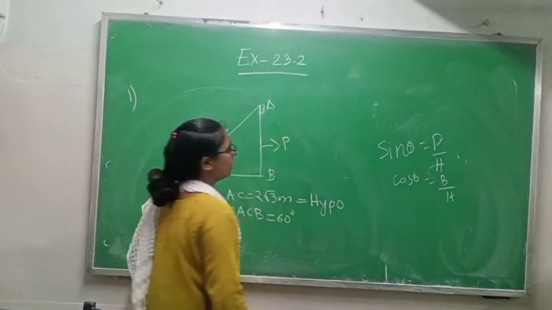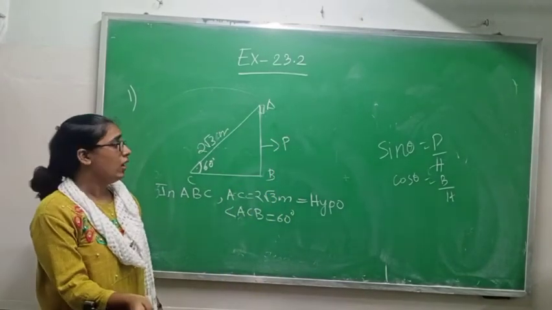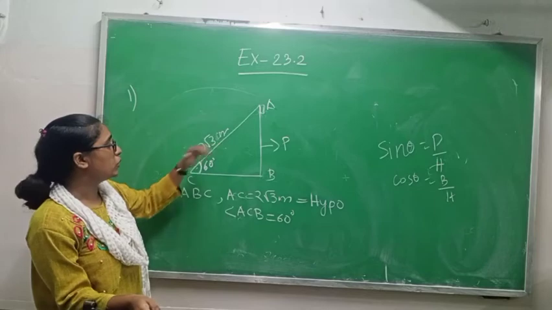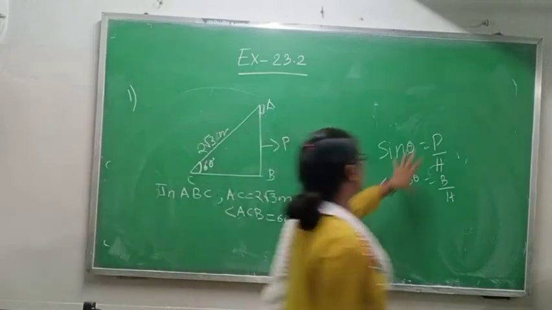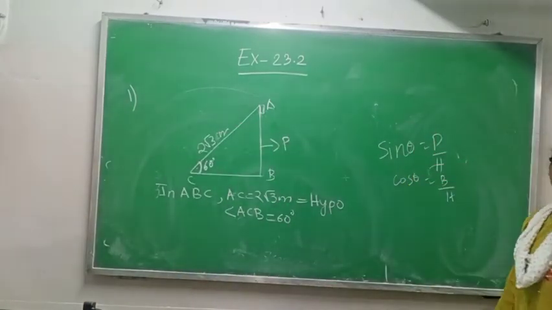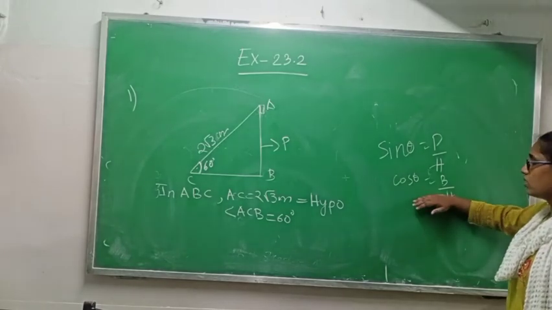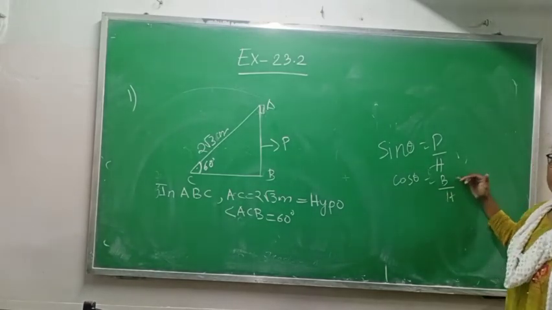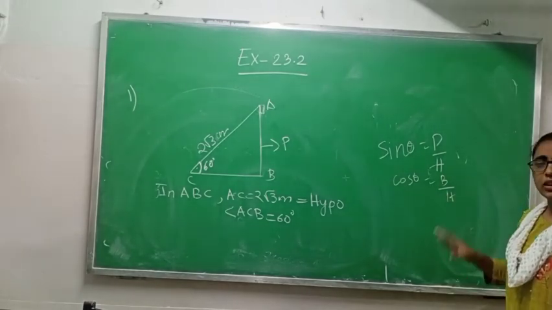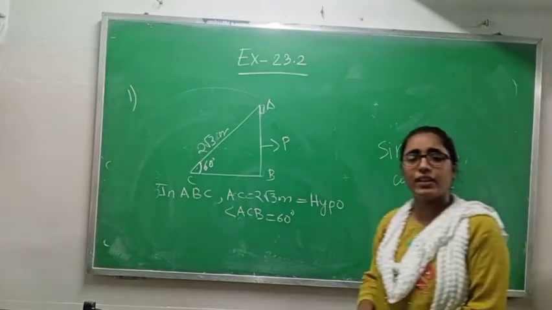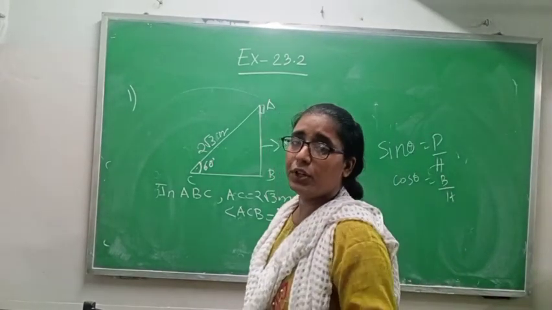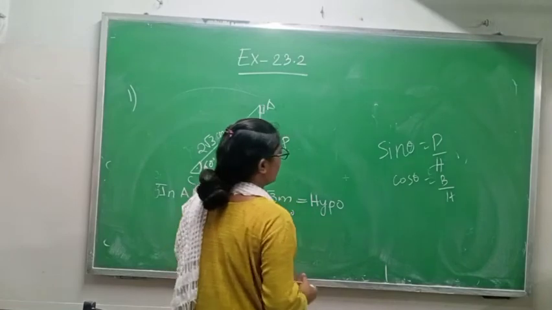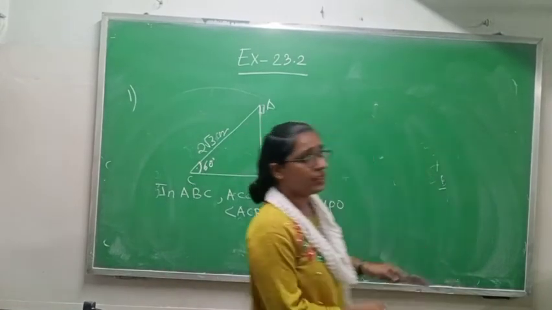This one is the perpendicular. When they are asking perpendicular, and the hypotenuse is already given, then you have to use sine theta, because if you use cos theta, we will get b. But we don't want that. In the question, they are asking only height. That is why I am using sine theta.